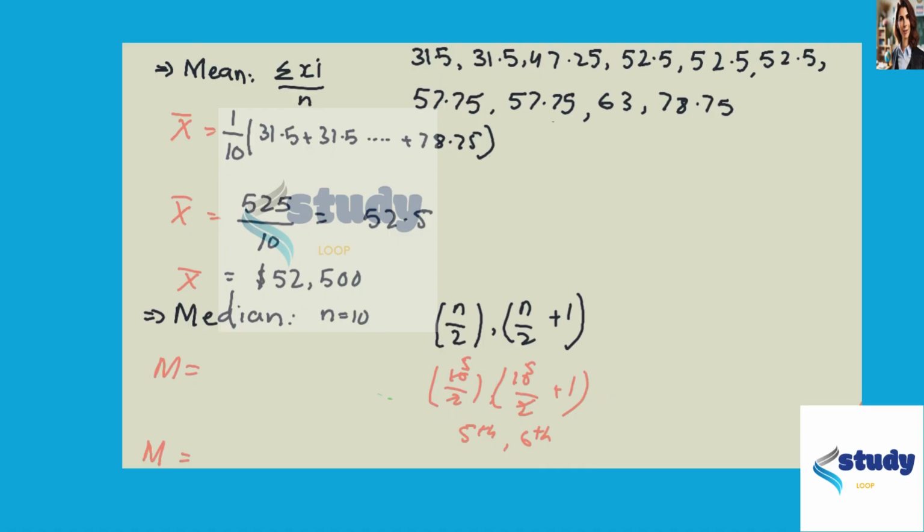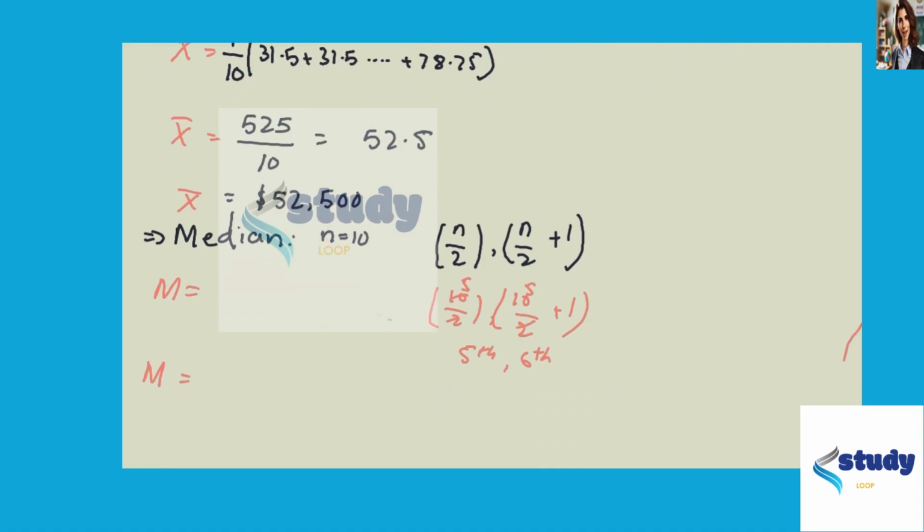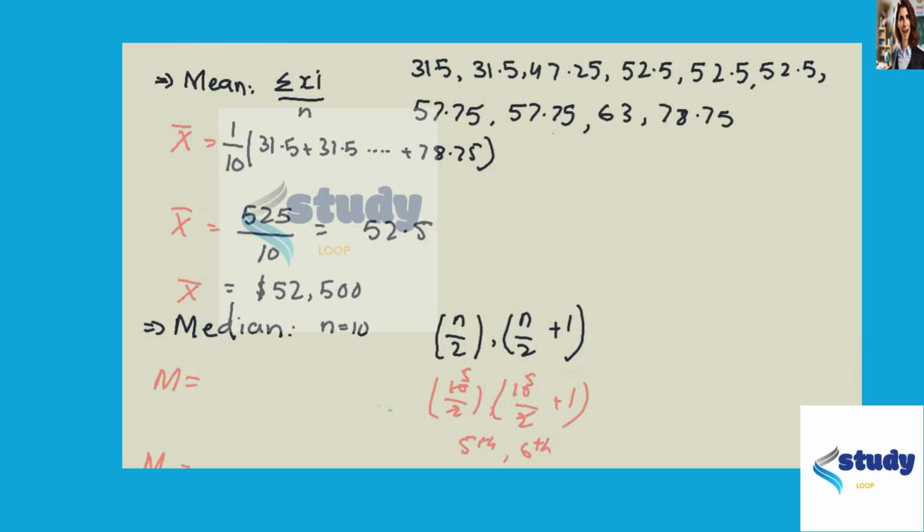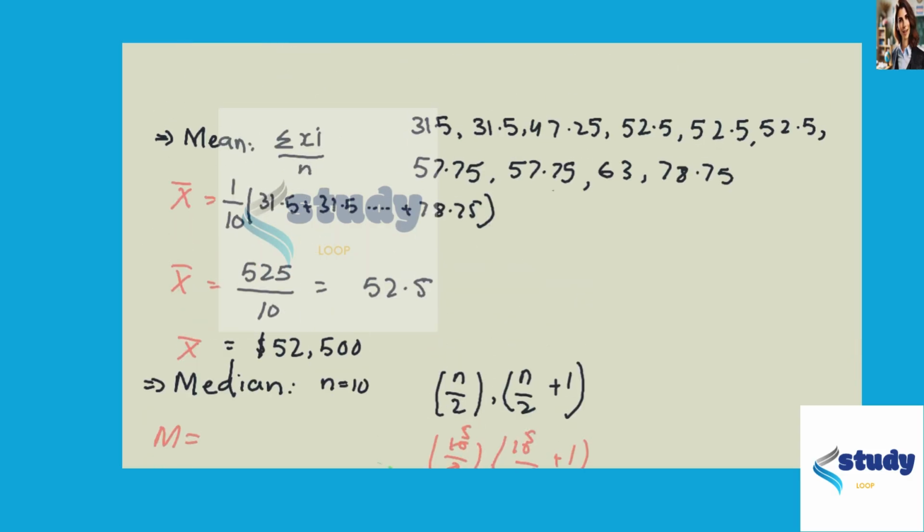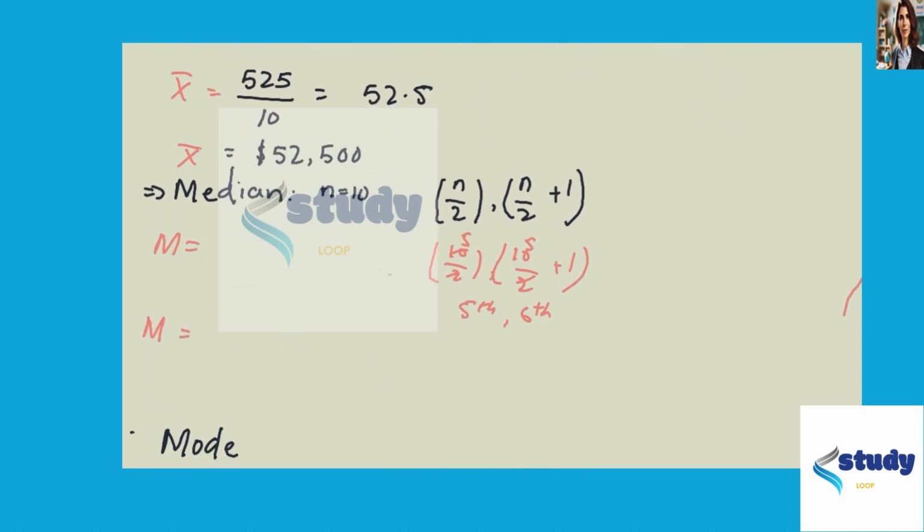Now to find the median, because the number of observation is same, it is 10, so it will be by this formula, and we have to look on the fifth and sixth place of the data. So let's find it. 1, 2, 3, 4, 5, this and this, that is 52.5, 52.5, 52.5 plus 52.5 and divided by 2, because there are two observations, so we find the average.